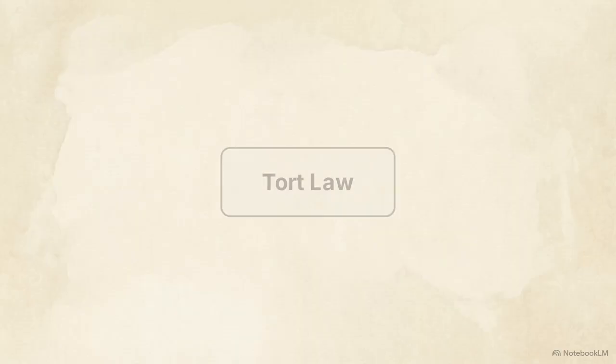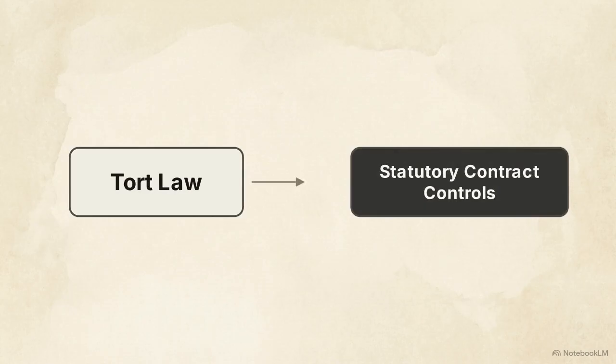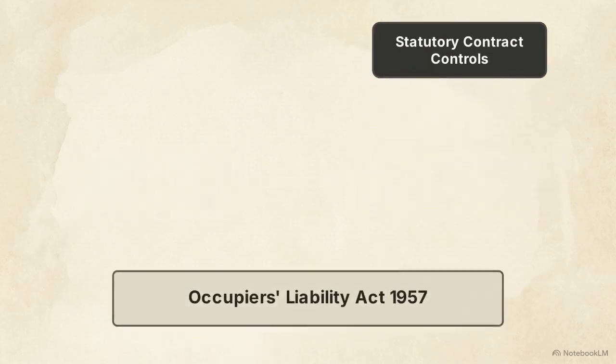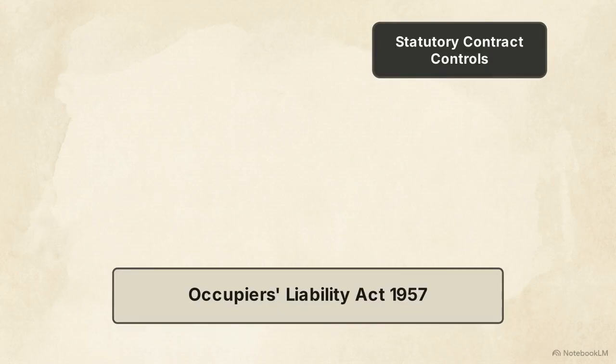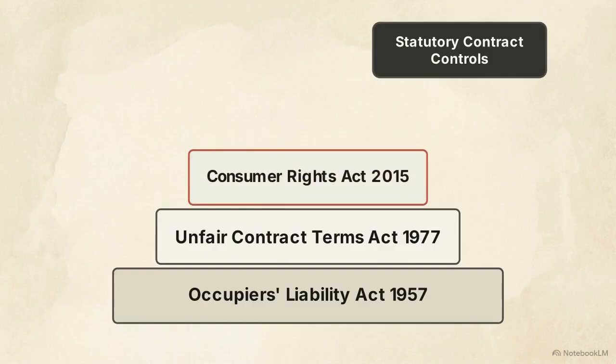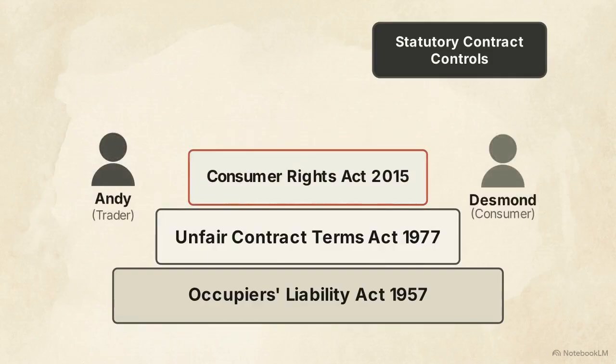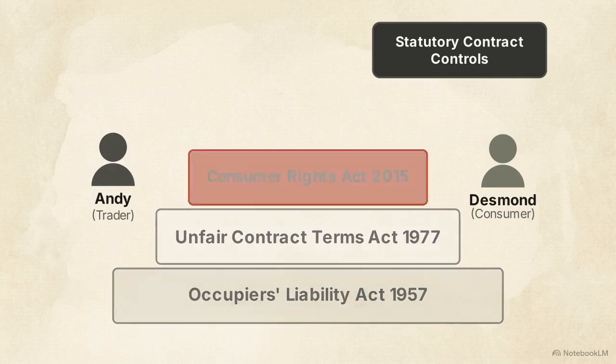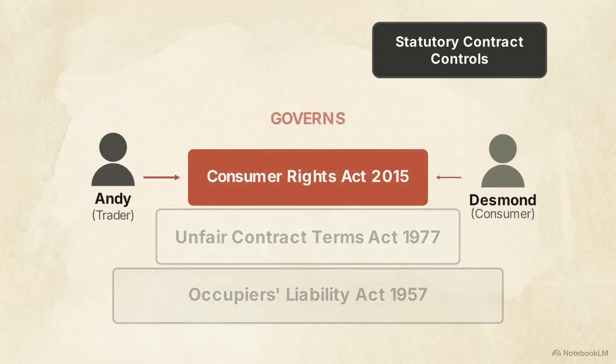Analyzing this requires stepping outside of tort law entirely and applying statutory contract controls. The Occupiers Liability Act is subordinate to two massive regulatory statutes, the Unfair Contract Terms Act 1977 and the Consumer Rights Act 2015. Since Andy operates a commercial hotel as a trader and Desmond is a consumer, the CRA 2015 governs.